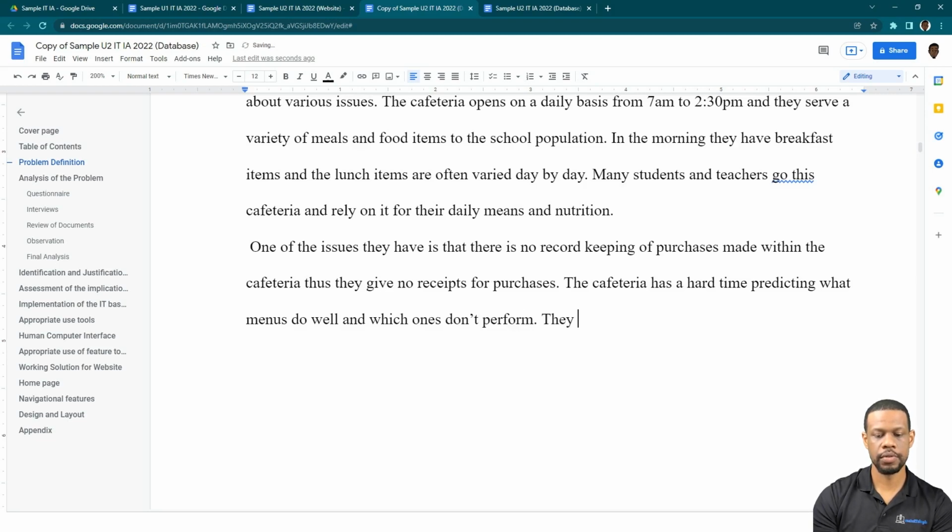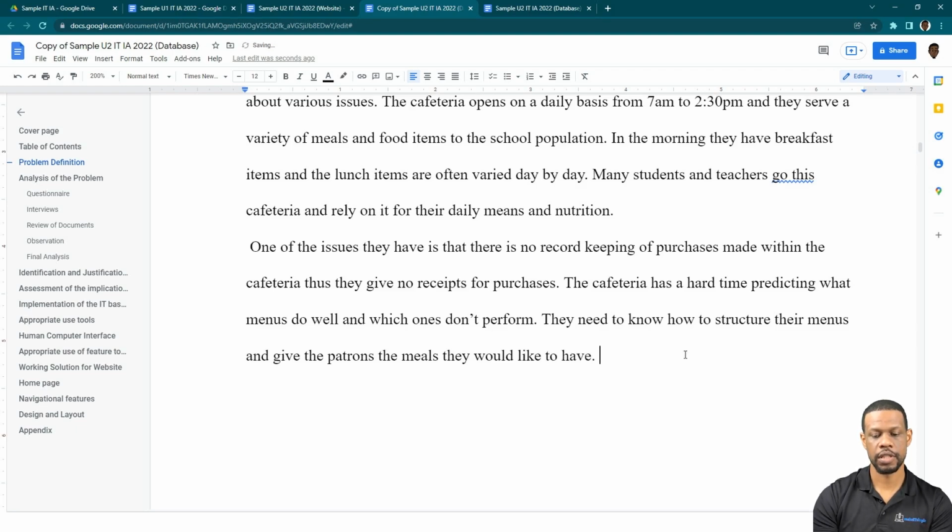They need to know how to structure their menus and give the patrons the meals they would like to have.